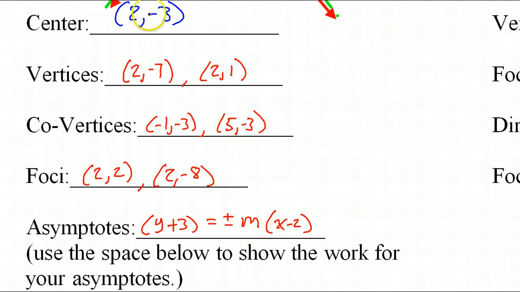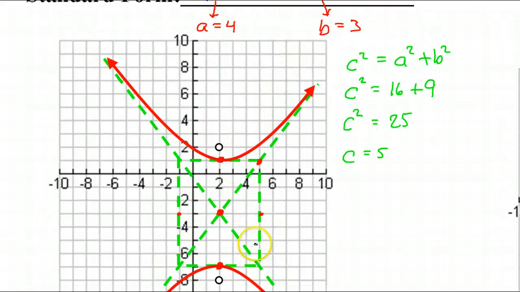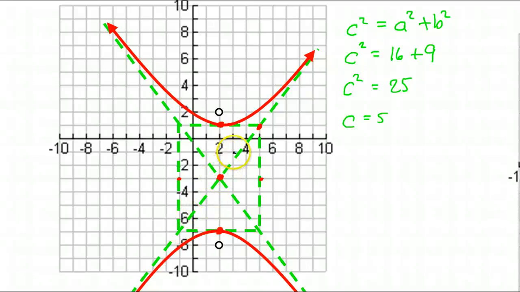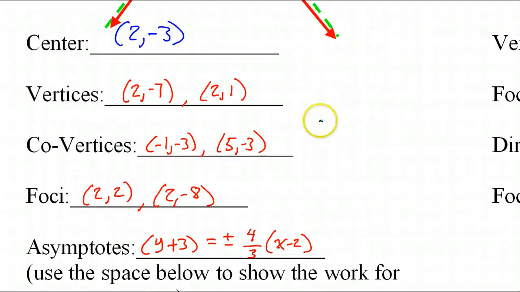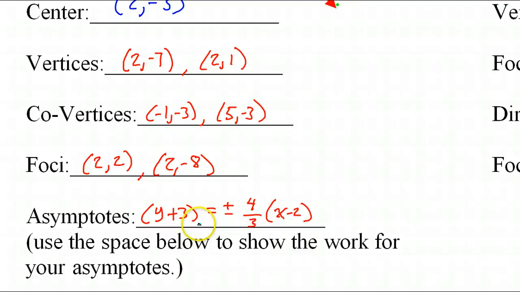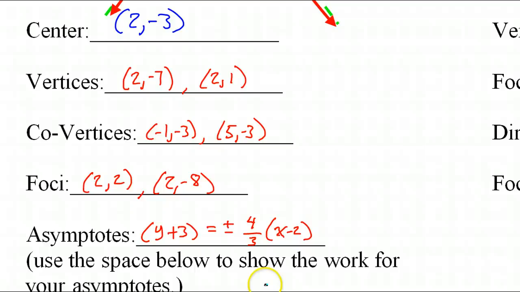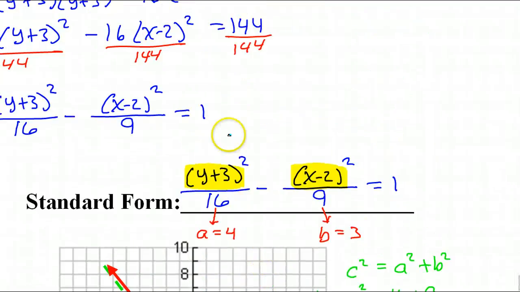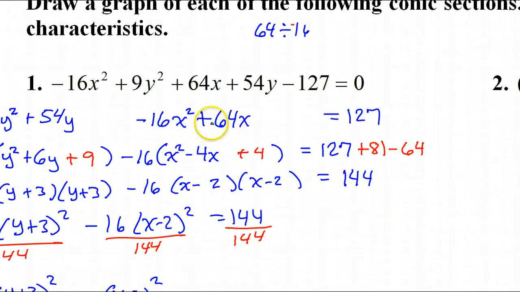That's your slope, so it's plus or minus 4 over 3. The plus or minus is because we have two equations. This one is the plus 4 over 3, and this one going downhill is the minus 4 over 3. That's the only difference between those two equations. And there you go. So I think that's it for problem number 1.